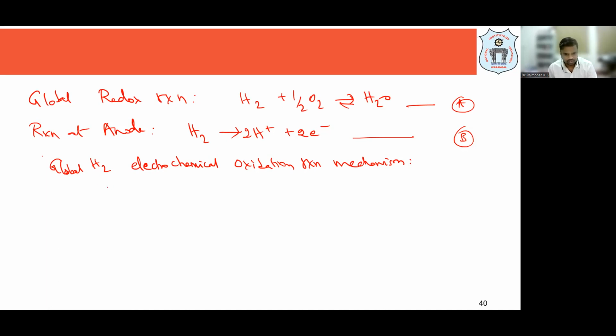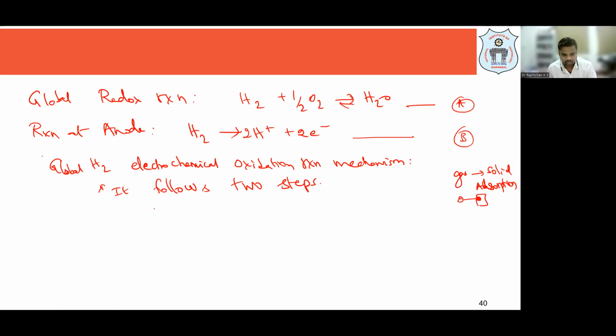Okay, and it follows two steps. So what are the two steps? Remember, any gas going and getting onto the surface of a solid, there will be adsorption taking place, right? So obviously a molecule will go and get adsorbed onto the surface, then the reaction will take place.